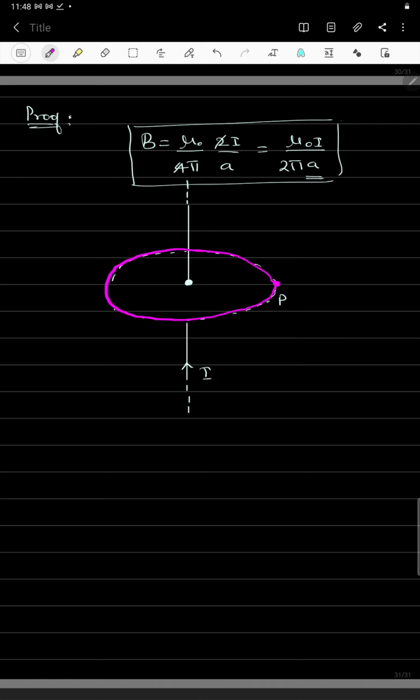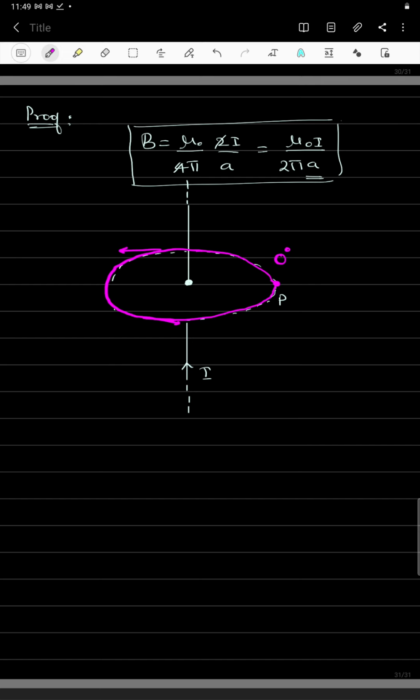The Ampere circuital loop and the magnetic field line are both in the same direction, so the angle between the loop and the magnetic field is 0 degrees.